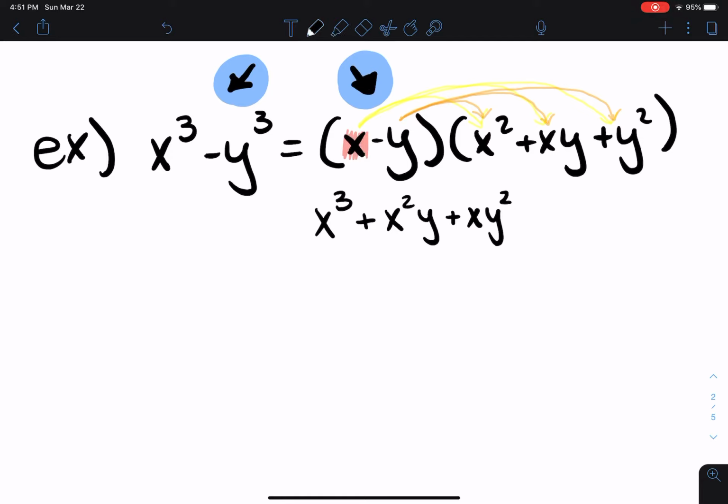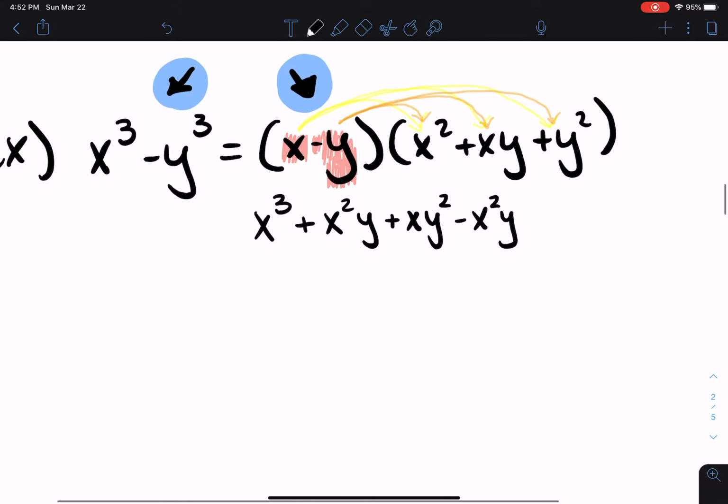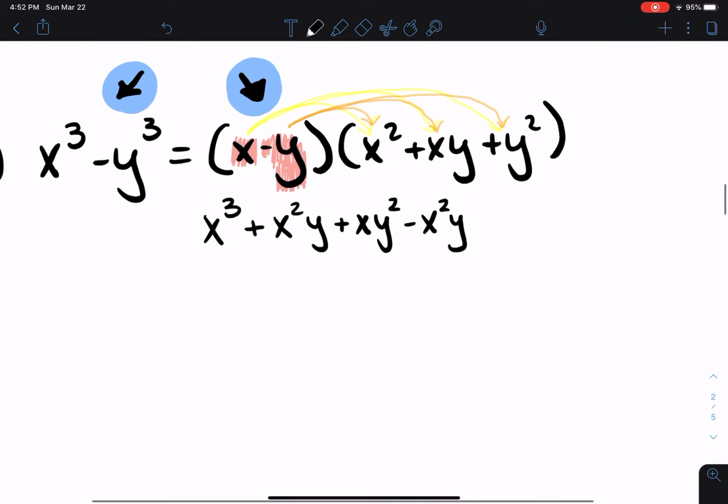Now let's do our negative Y. Make sure you keep that negative in there because this is not just Y, this is negative Y. Okay? Minus Y, negative Y, same thing. So negative Y times X squared is going to be negative X squared Y. Negative X plus negative Y times XY is our next one.